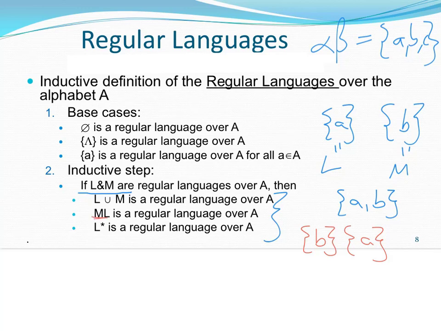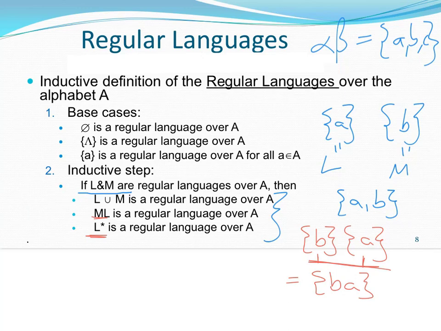Of course, we could change what we call L and what we call M. But it says this is a regular language, and what is this? Well, this is just the language where you take one thing from here and one thing from here. There is, in fact, only one thing in each of those, so that's the language containing a single string, BA. Okay? And finally, this tells us that L star is a regular language over A.